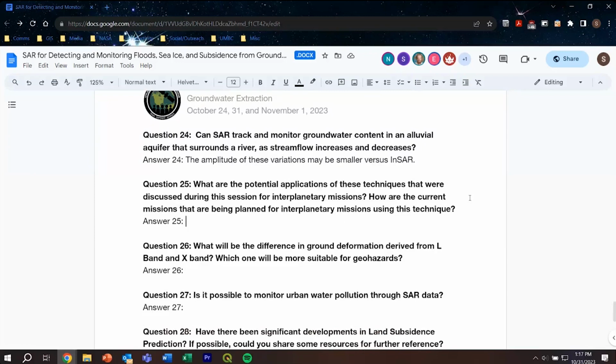The NASA Veritas mission is planning to use SAR interferometry to measure displacements on Venus. So it's an approved mission. It's planning to go to Venus.